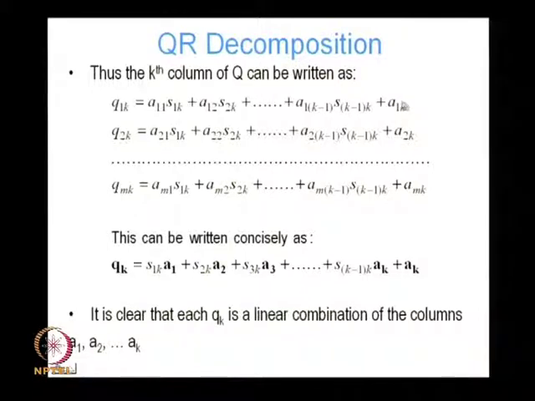Why is there nothing here? Because it is a unit triangular matrix, right. So, Skk is going to be 1 because it is a unit triangular matrix.